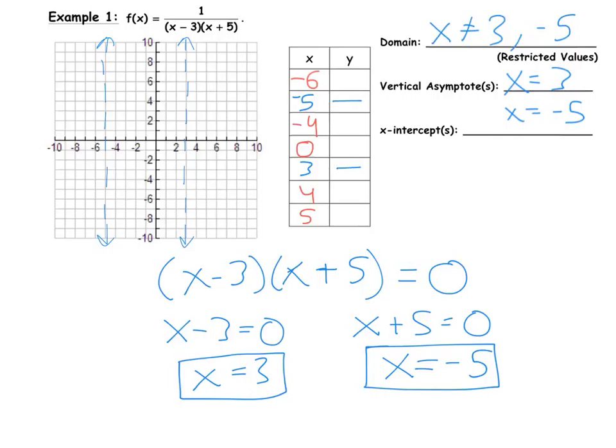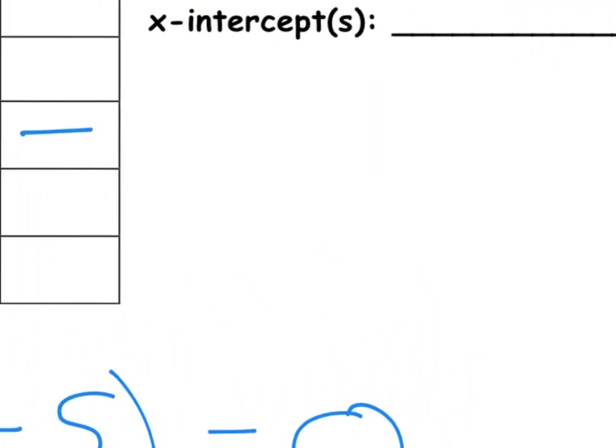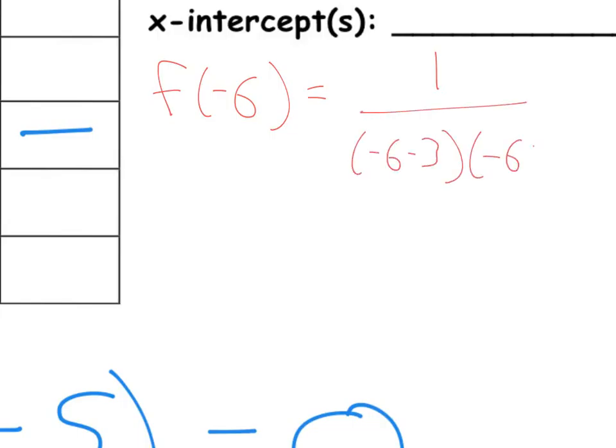So first one, let's take -6, and we're going to plug it in for x. I'm going to zoom in here, sorry. Let's do f of -6. That's going to be 1 divided by (-6 minus 3) times (-6 plus 5).